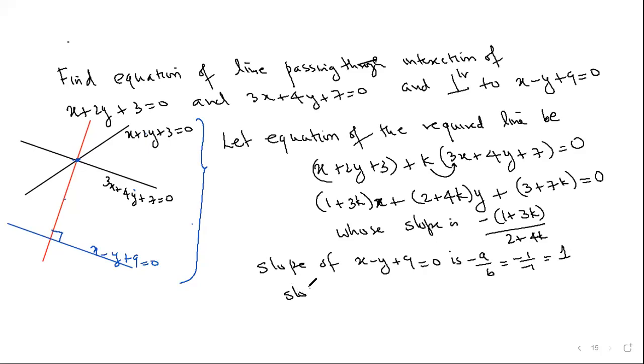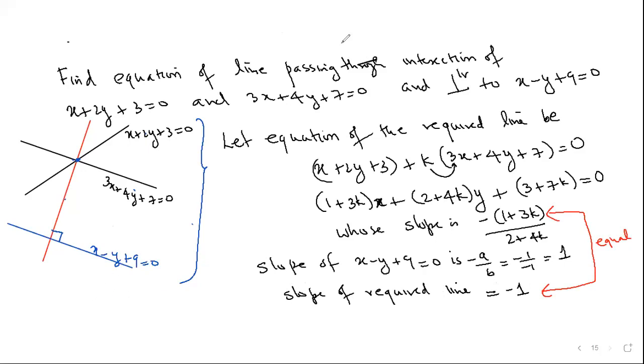So what will be the slope of the required line? It is minus 1. Do you agree with that? That means they both should be equal. So minus (1 plus 3k) upon (2 plus 4k) is equal to minus 1.